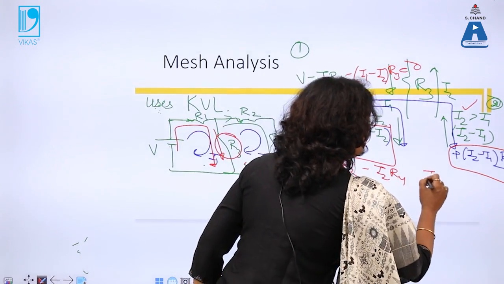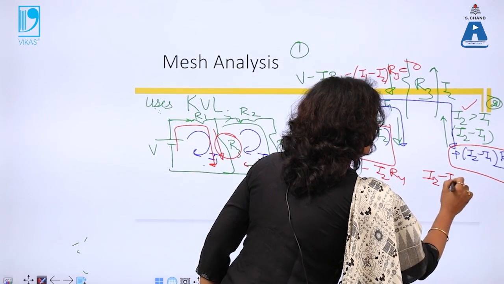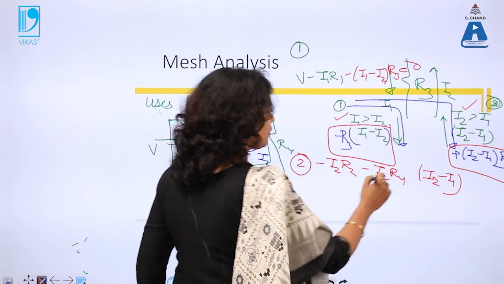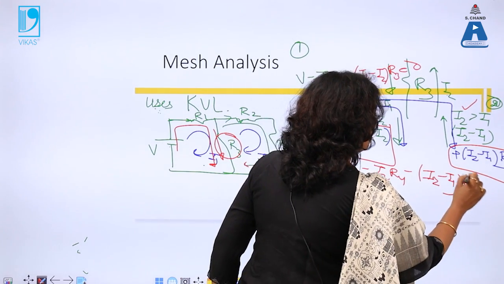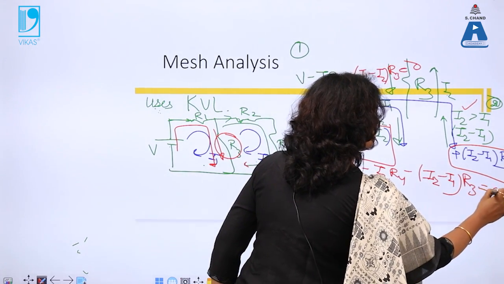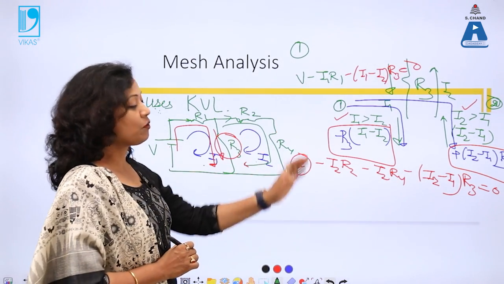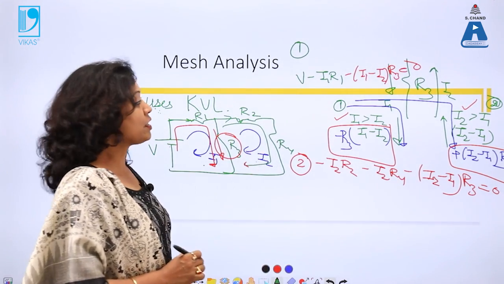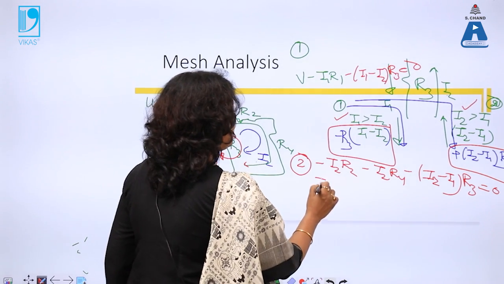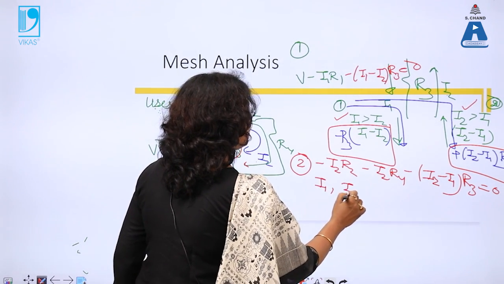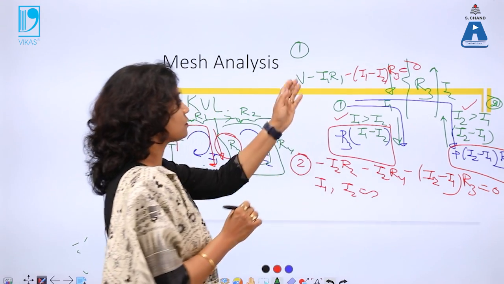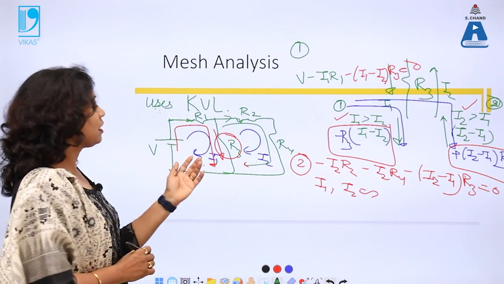So I2 minus I1, and because I am moving in the direction of current, minus I into R is 0. So now I have both the equations. I solve these two equations and find out currents I1, I2. So my only variables are I1, I2.